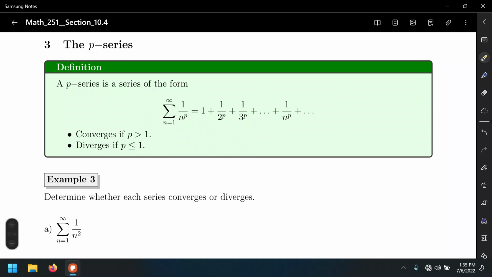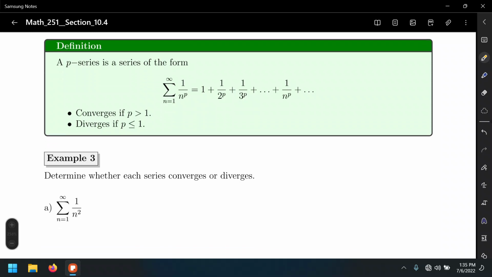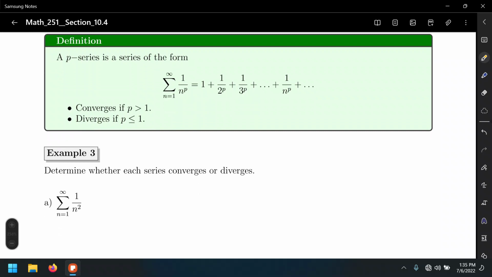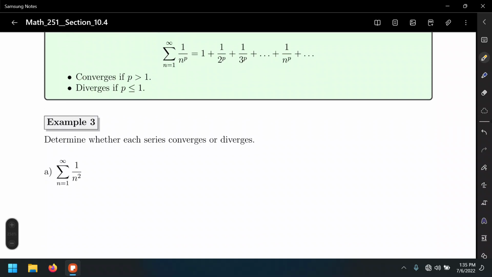Well, so what we did before was, in a way, to prepare you for this topic, for p-series, and well, the criteria is exactly the same. If you have a p greater than 1, your series converges, but otherwise, if the value of p is less than or equal to 1, diverges. Just that.